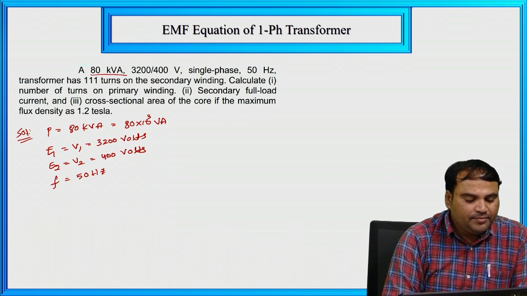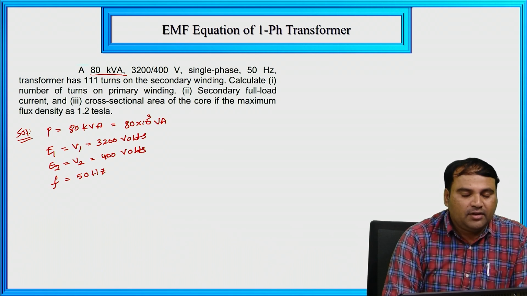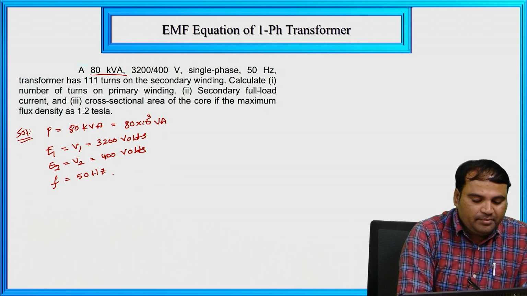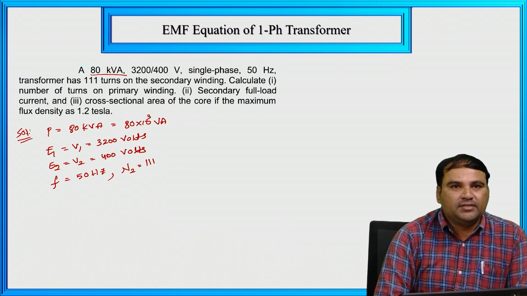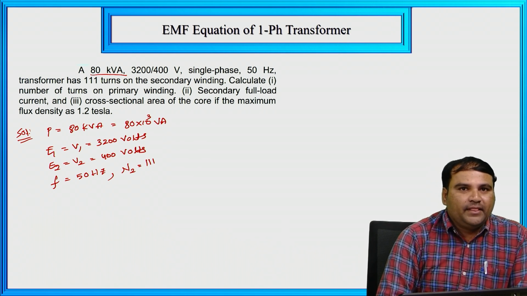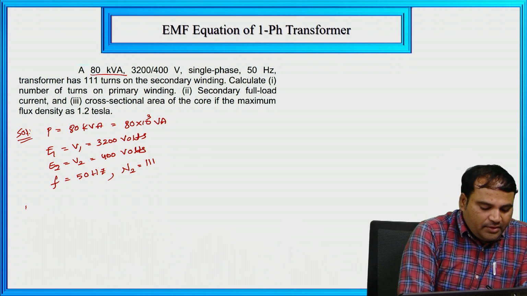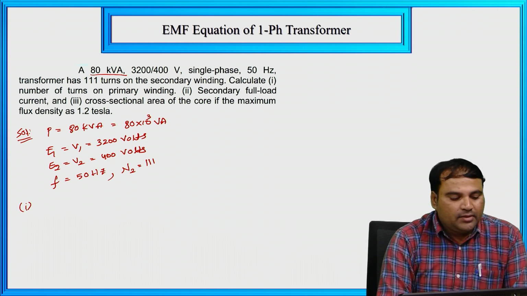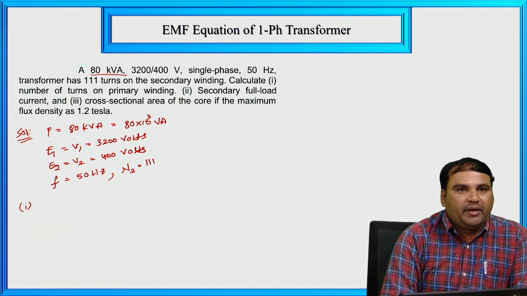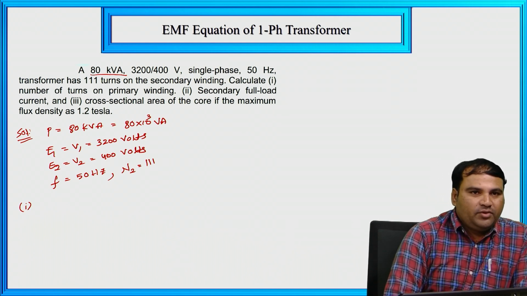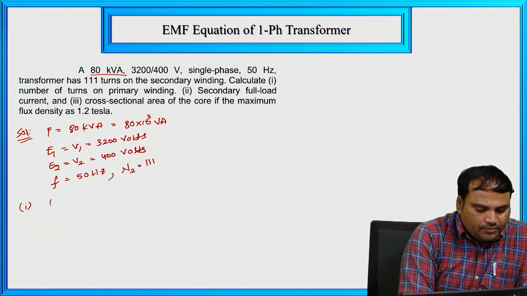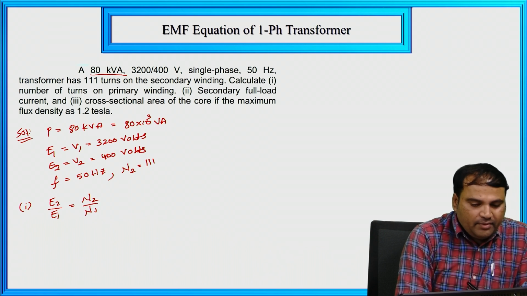Transformer has 111 turns on the secondary winding, means N2 equal to 111 turns. Then we need to calculate the first bit, the number of turns on the primary winding. So already we know the equation, E2 by E1 is equal to N2 divided by N1, right?